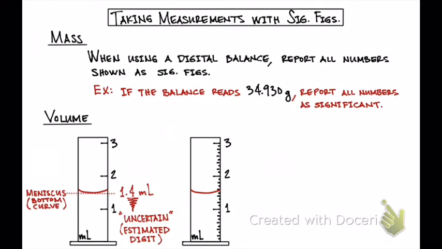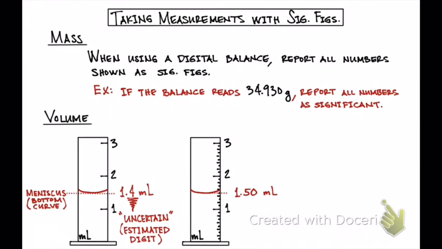But when you look at the second graduated cylinder here, you would report it as 1.50. So you may read it as 1.49, maybe 1.51, but the idea here is that you have 3 significant digits for this measurement, right? You know that it's at least 1.5 because you have these little marks here.